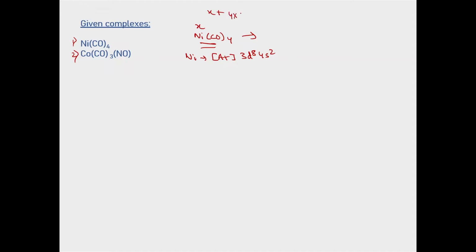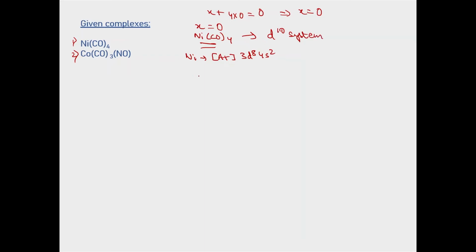The complex is neutral, so the overall charge is 0. Therefore, X is equal to 0. So the oxidation state of nickel here is 0, and hence it is a d10 system in this complex.